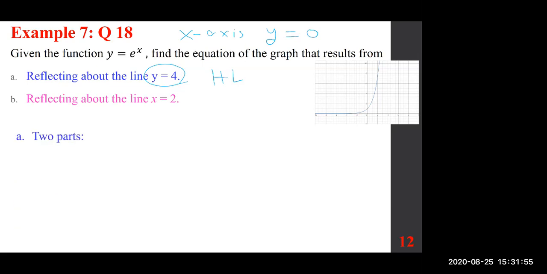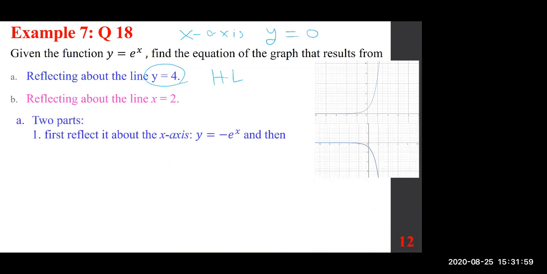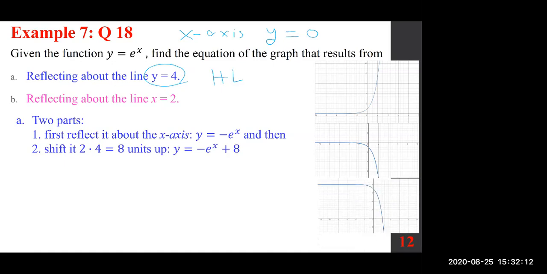So the idea is that first you reflect with respect to the x-axis. Just flip it over. And then because y equals 4, any number that y is equal to, multiplied by 2, and shifted. In this case, 2 times 4 is positive 8, so shifted positive 8 units up, because of the reflection.